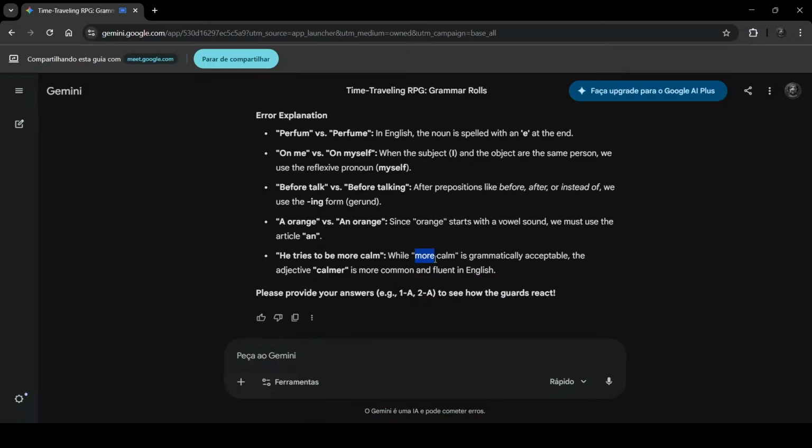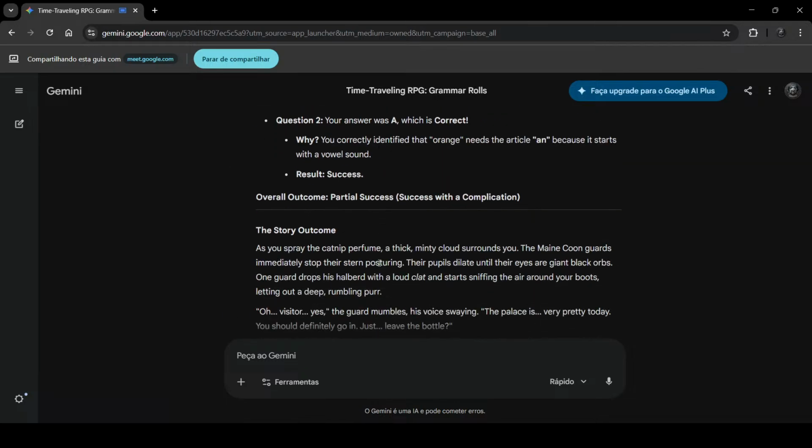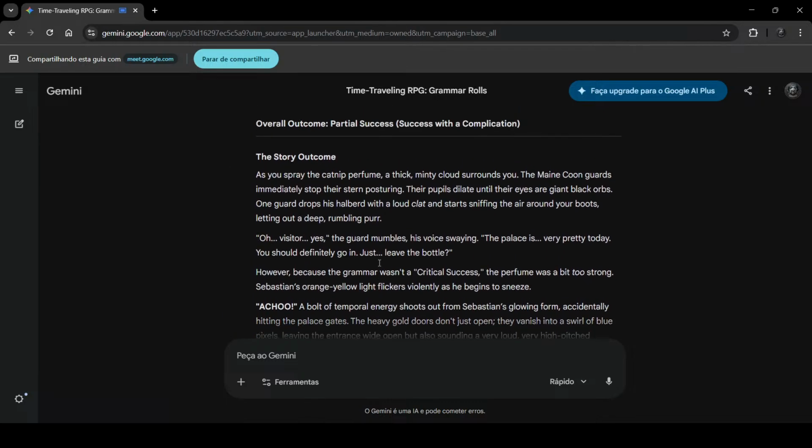Look, three syllables, more expensive. When there are two syllables with a Y, like happy, happier, early, earlier, right? We do the same. But you see, calm, calmer, is the correct way because it has one syllable. Calm has one syllable.